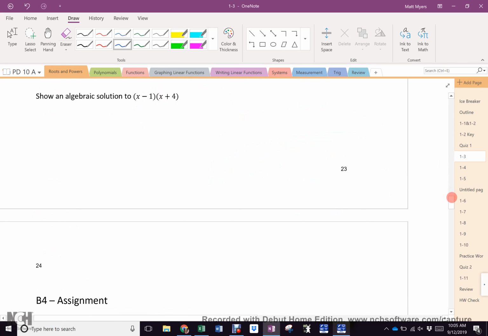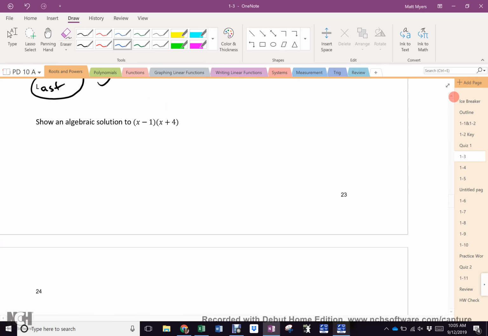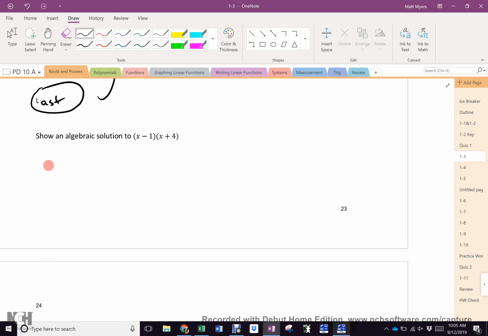So now, that should literally take you 2 seconds. Show me how to do it properly, and then I'll give you a gift that you already know, but I'm going to give it to you anyway. What is this properly? It is going to be first. What do I get? X squared. Outside, what do I get? Plus 4x. I'm done with x now.